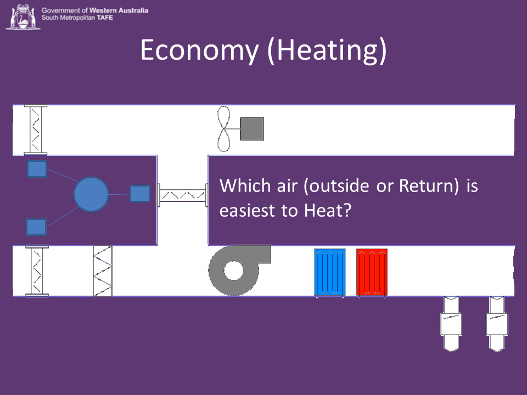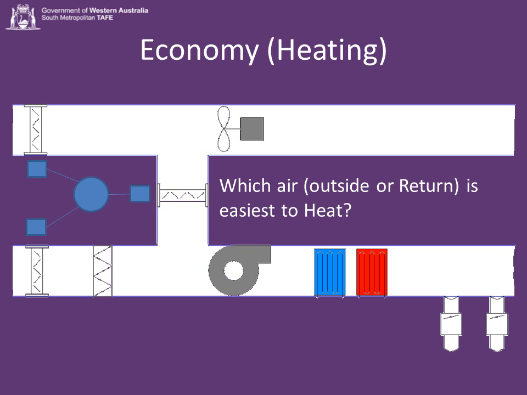Quite often in Perth, we also get the rather strange situation where it's cold in the mornings. Then the sun gets up and it's actually warmer outside than it is inside. In these cases, we should actually take the outside air in. So we should effectively do economy heating.